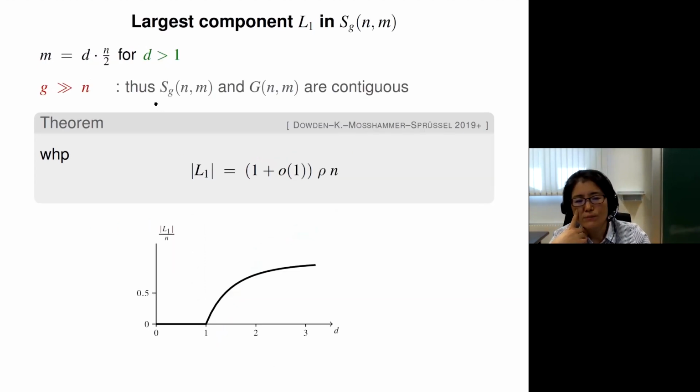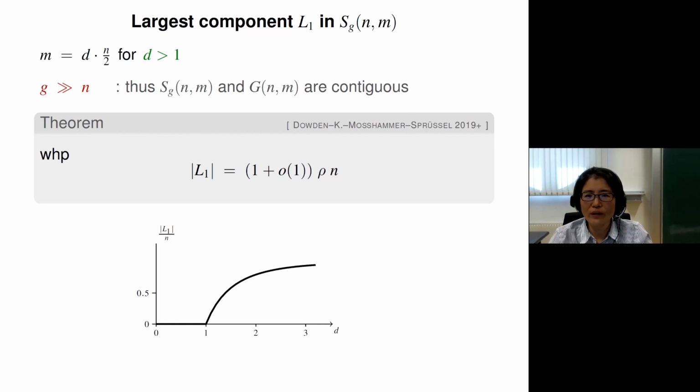When the genus is much larger than n, then of course GNM and SGNM are contiguous. And therefore, the order of the giant component in SGNM, so on a graph on a surface, will behave like in the Erdős-Rényi random graph, where rho is the solution of the transcendental equation coming from the Galton-Watson branching process.